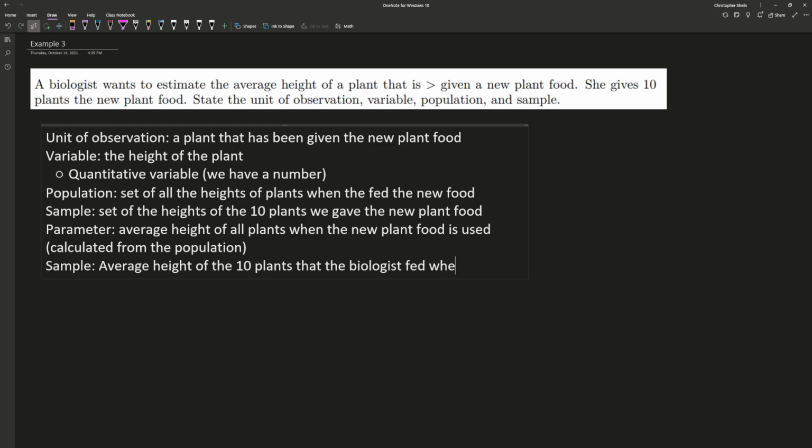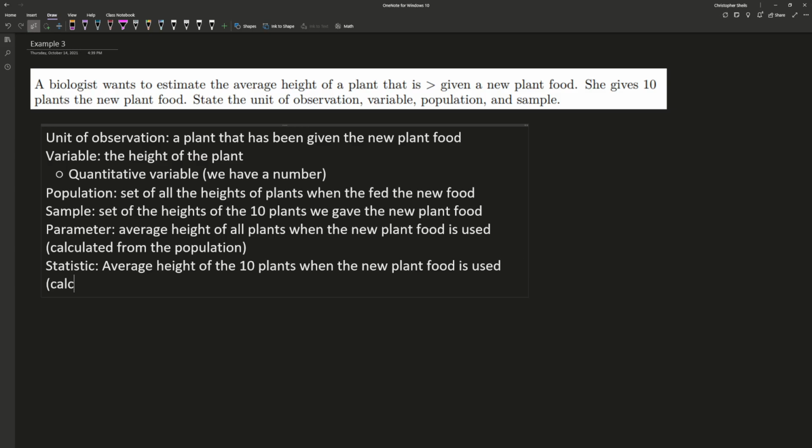The average height of the 10 plants when the new plant food is used. And when we say the 10 plants here, we're referring to the 10 plants that this biologist is looking at, of course. And sorry, I didn't mean to type sample here. I meant to type statistic, not sample.